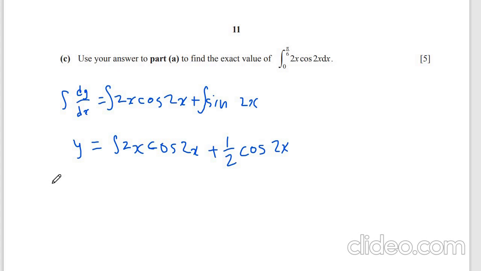So the integration of 2x cos 2x will be y minus 1/2 cos 2x.